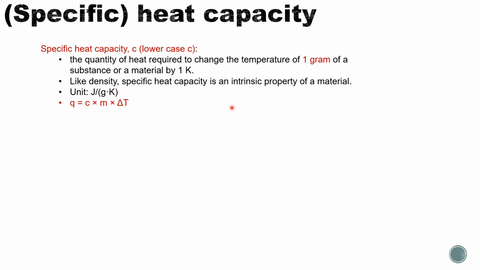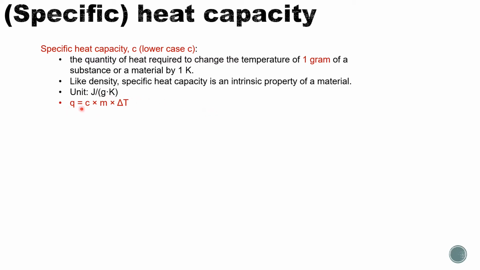It's an intrinsic property of a material, which means different materials will have different specific heat capacities. It should be in the unit of joule per gram per Kelvin. Well, it can have other units, but this one is a common SI unit. If it's a derived SI unit, it should be joule per kilogram per Kelvin, right?